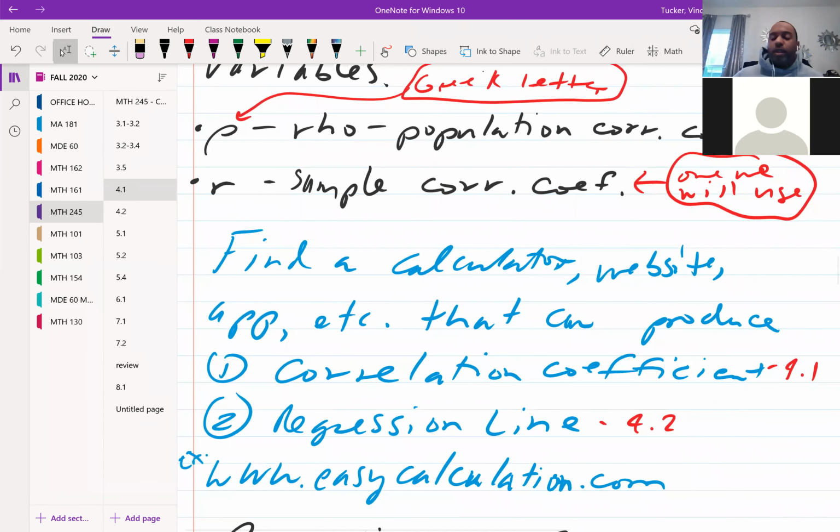So going to that blue, it says find a calculator website, app, etc. that can produce the correlation coefficient and the regression line. So correlation coefficient is this section 4.1. Regression line is the 4.2. We haven't gotten there yet, but we will need something just like I mentioned before when we did standard deviation and the variance. You want something that can calculate that for you easily.